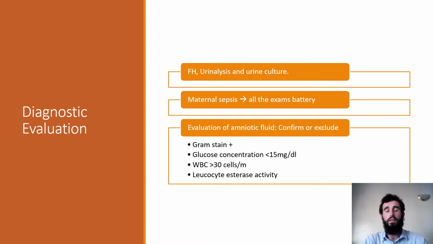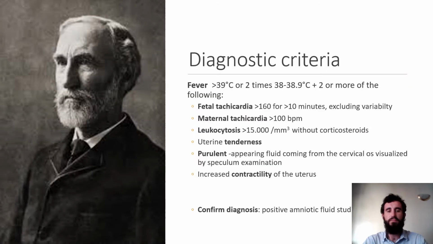So the third step of the diagnostic evaluation is the evaluation of the amniotic fluid, which will confirm or exclude the diagnosis. When we still have doubts with the clinical findings and we want to confirm the diagnosis, we can make, for example, an amniocentesis, where we can make a gram stain, a culture, and see the amniotic fluid under the microscope, but it is not done in the Bagadi hospital, so we will not see it deeply.